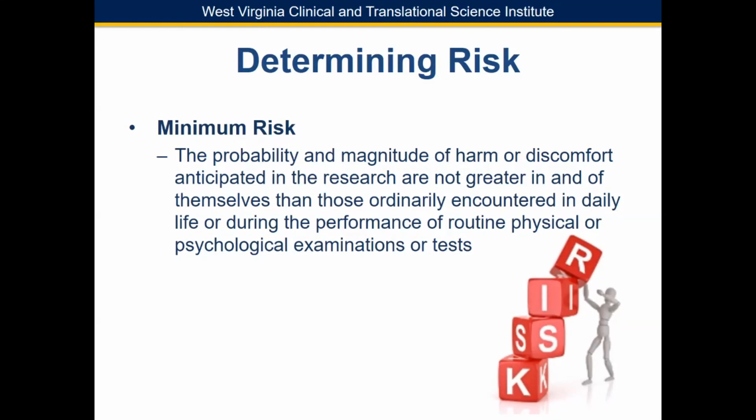For example, it might just be peripheral blood draws, routine x-rays, or a routine psychological examination. That would be minimum risk, right? So it's not anything invasive for the patient.